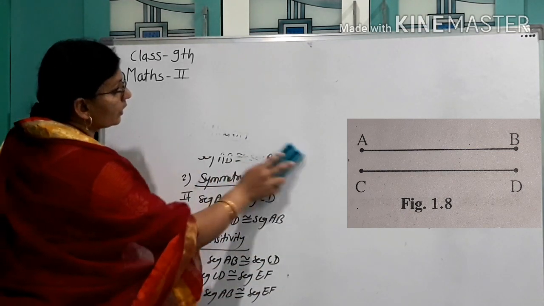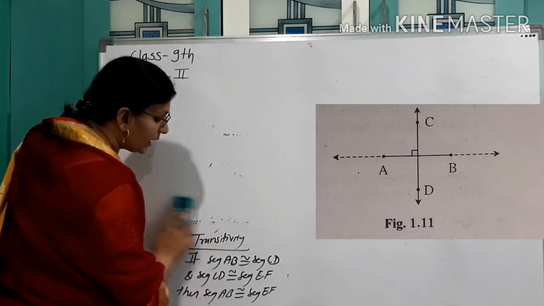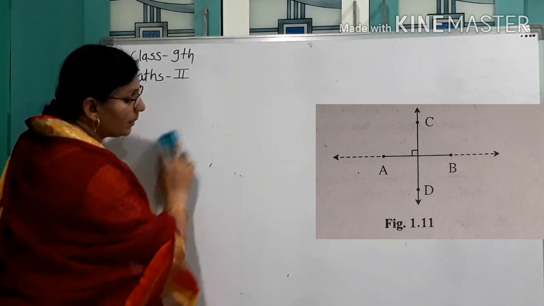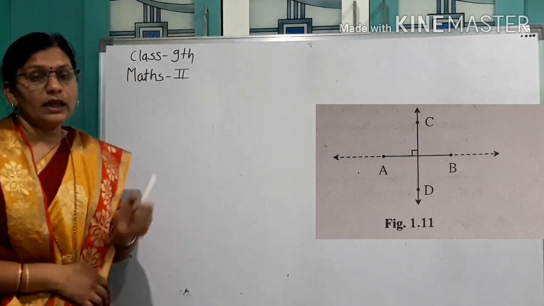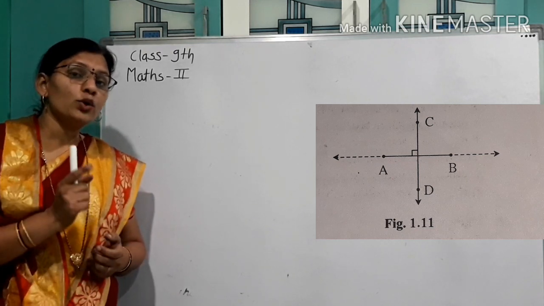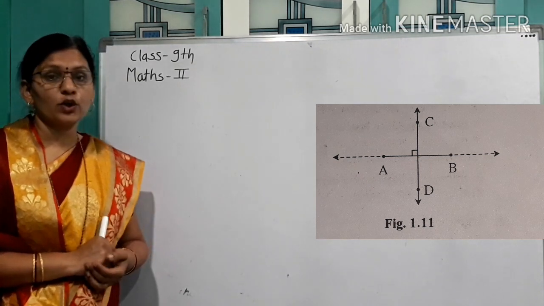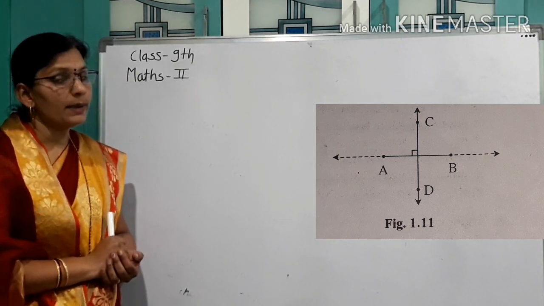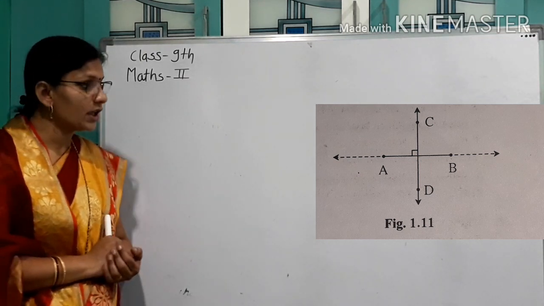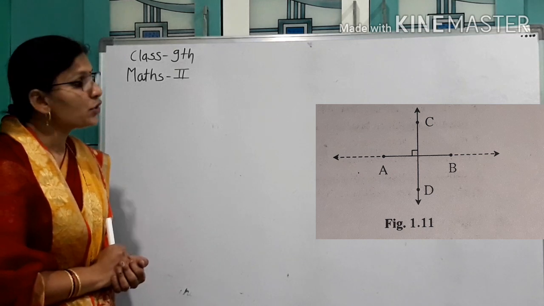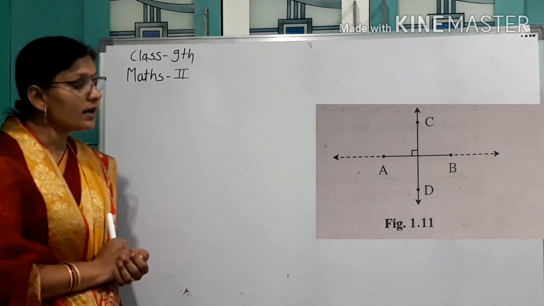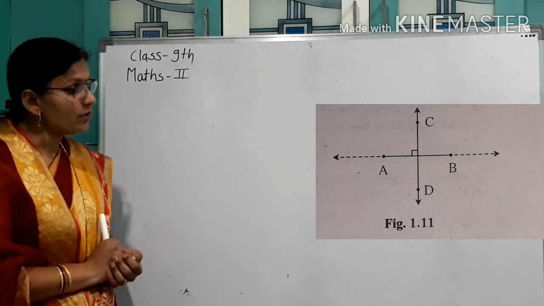Then what about the perpendicularity of two segments, two rays, or one segment and one ray? If the lines containing two rays, observe in the figure, two rays, two segments, or one ray and one segment are perpendicular to each other, then we say that these two rays, two segments, or one ray and one segment are perpendicular to each other.